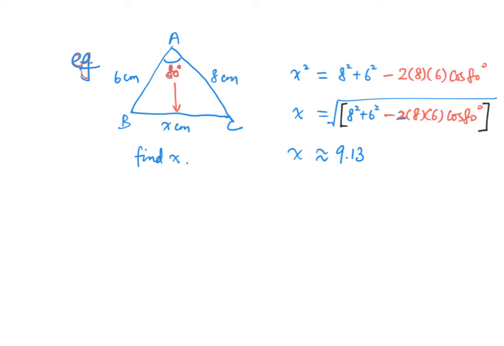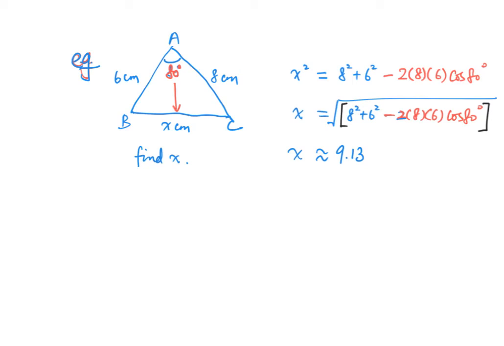Okay, this is the way we apply the cosine formula to find the unknown side. Now I will demonstrate how to apply the cosine formula to find the unknown angle. It means that the question provides you the 3 sides of the triangle and asks you to find the unknown angles.